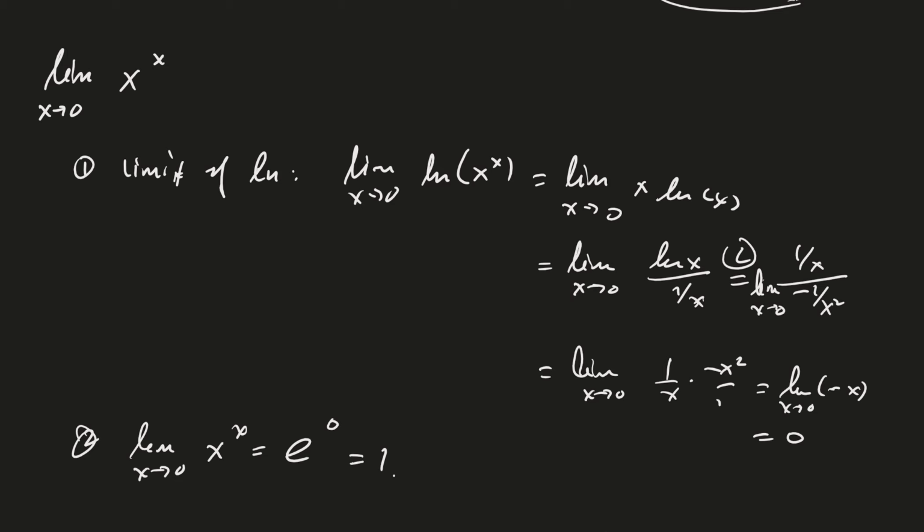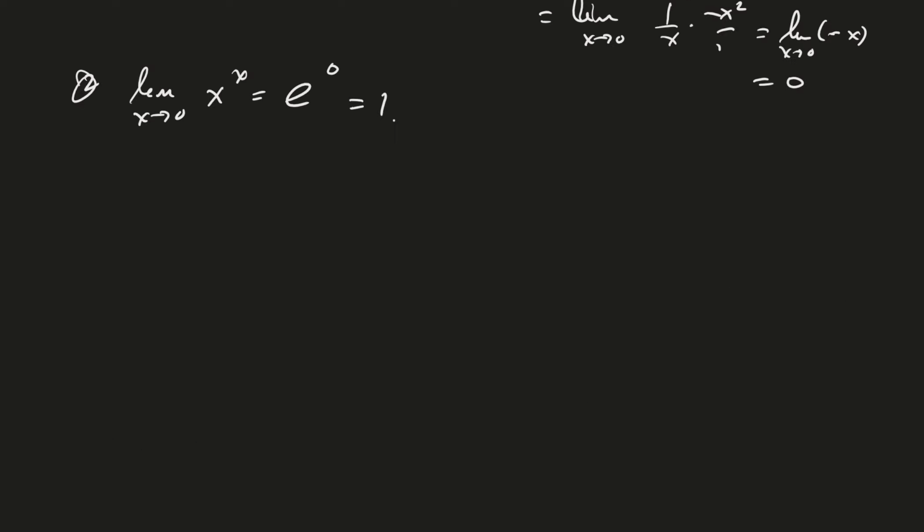Let's see, do we have time for one more? Let's try one more. So how about the limit as x goes to infinity of 1 plus 3 over x, to the x? All right. So if we take a look at it, as x goes to infinity, this term right here goes to 0, so that's going to 1.